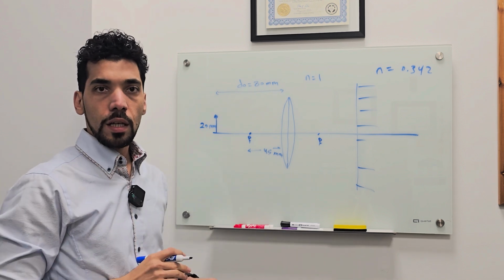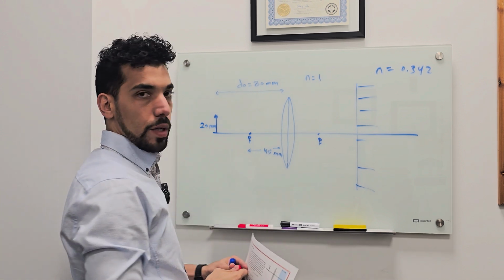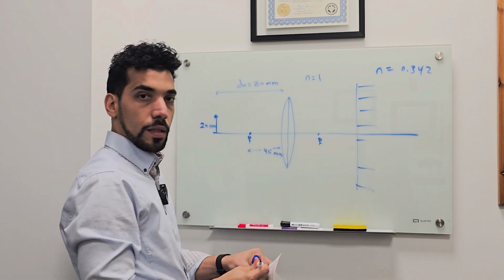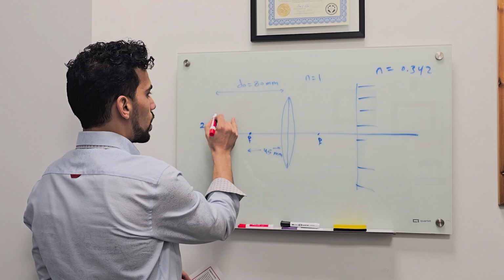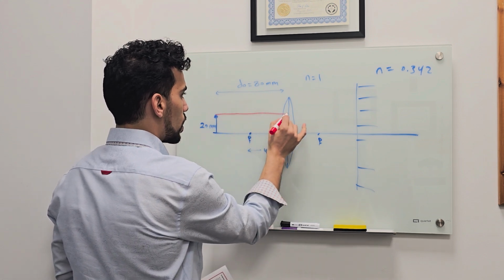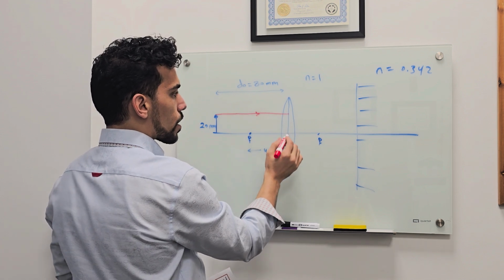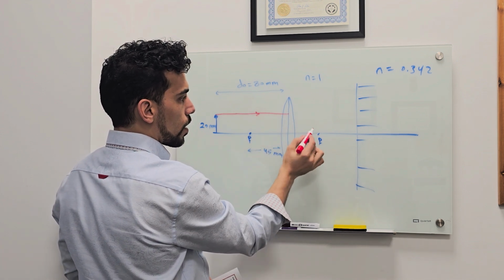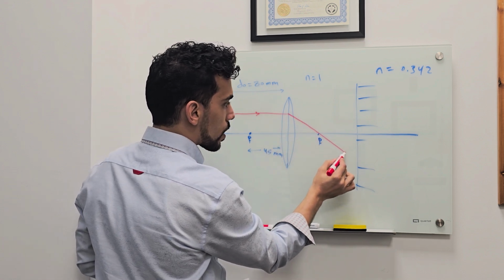So we would like to see where exactly the image is going to be constructed. To do this, we start by getting from the tip of this object a ray that is going horizontal, along the central line. Then from here it's going to go through the focal point to hit the new material.